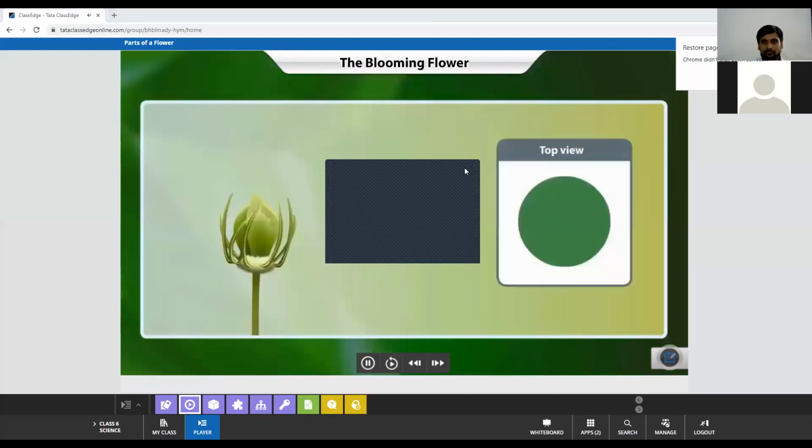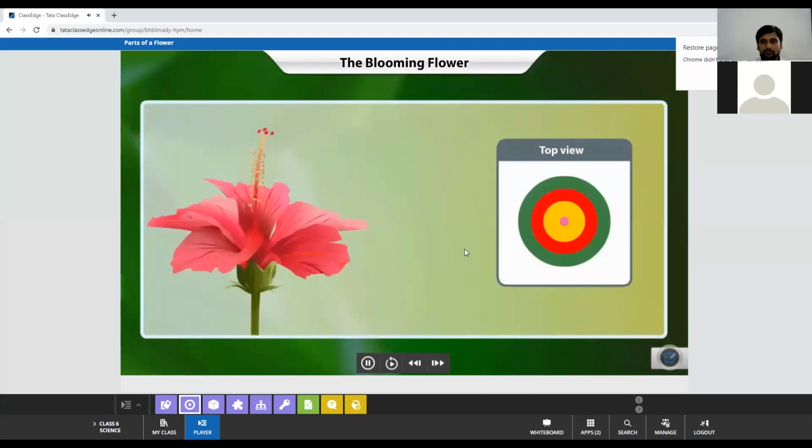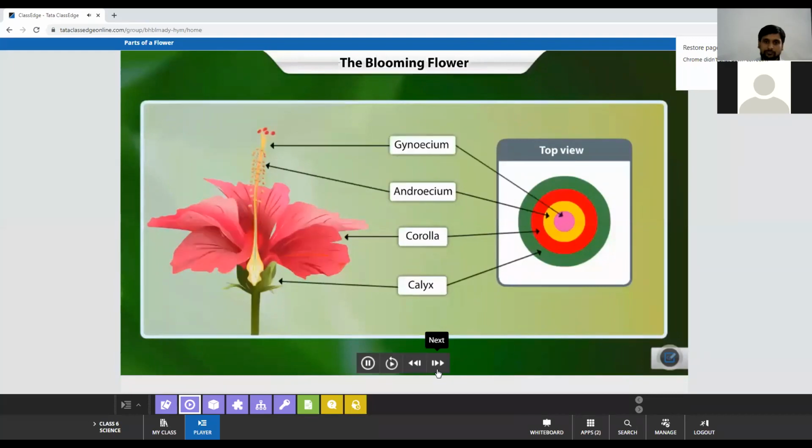Flowers develop from buds. Most flowers have 4 sets of parts. These parts are arranged in rings or whorls. From outermost to innermost, the whorls are the calyx, the corolla, the androecium, and the gynoecium.